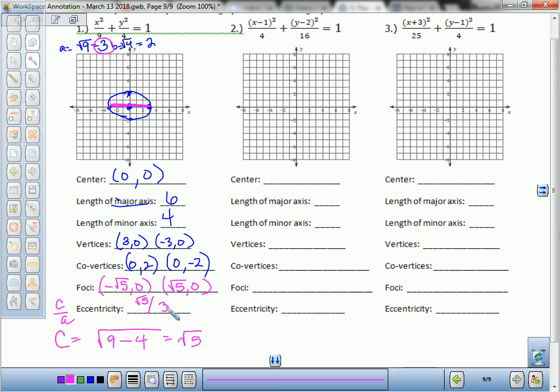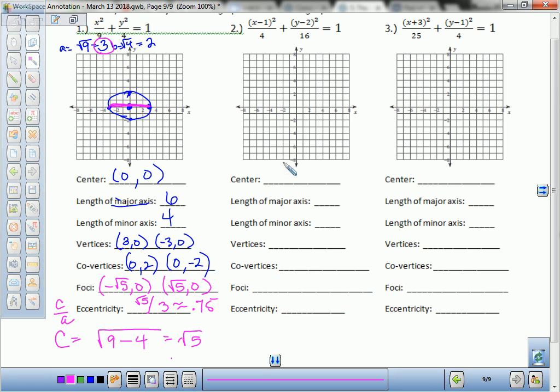So if we did root 5 divided by 3, that is approximately, and you don't have to do this, 0.75. It's kind of a flatter ellipse, closer to 1.